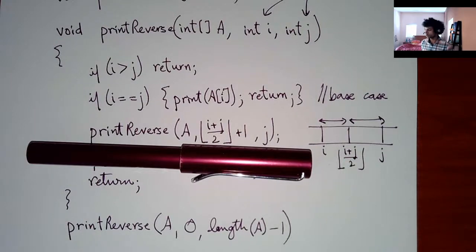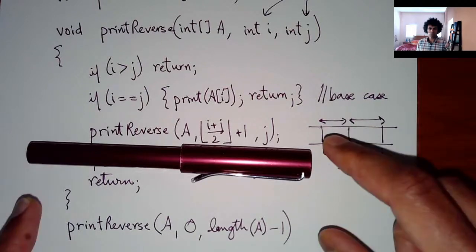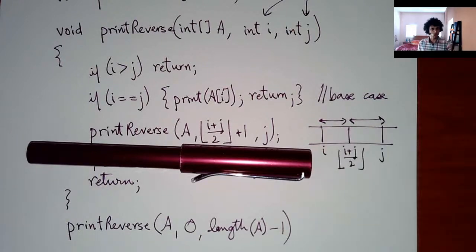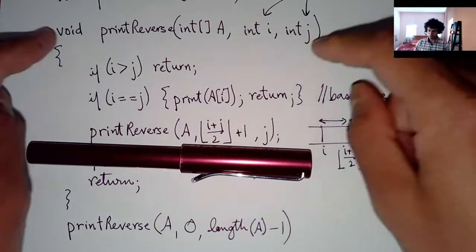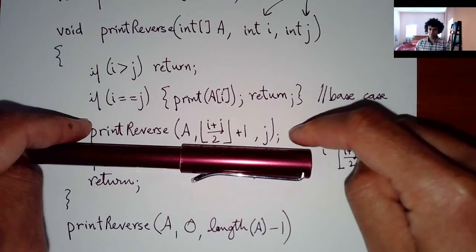Good question. A of j, just the last character, or in this case, A of length minus 1. Just the last character. If you make only one recursive call, it's only going to print the last character. Why? Because each call makes a recursive call.